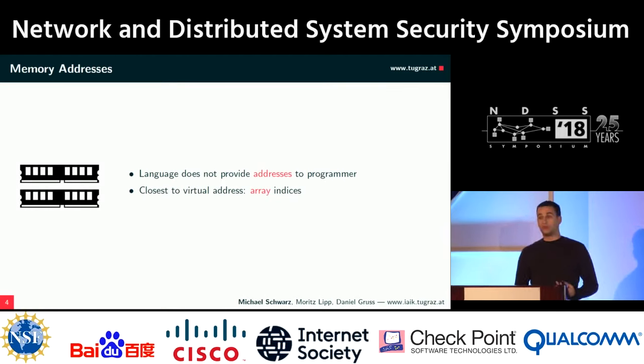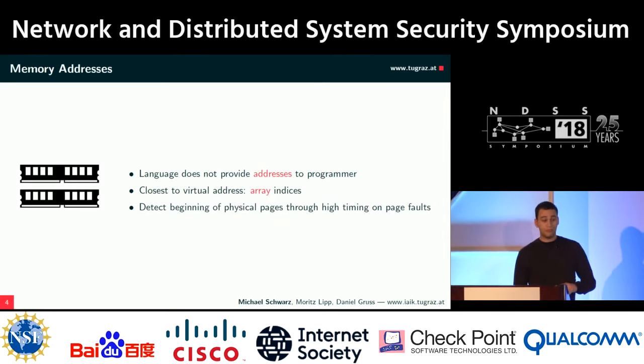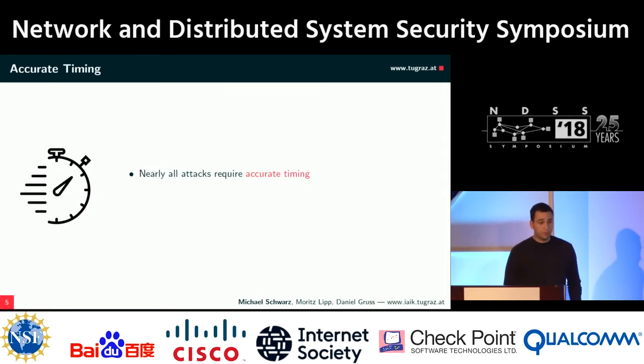And the closest thing we can get in JavaScript are arrays, because they're linear, and we could use array indices as some approximation of virtual addresses. And we can also detect where physical pages start by detecting page faults through timing attacks, because a page fault takes a lot longer than if you don't have a page fault, and we can detect that in JavaScript.